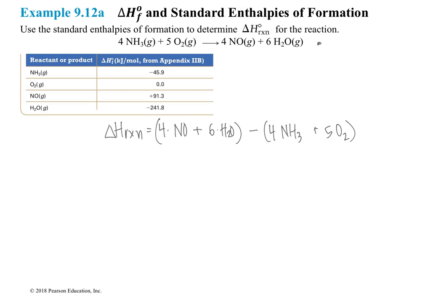I'm not going to write enthalpy just because it makes it a little more straightforward to see what we're doing here. So I'm going to plug in those values. Nitrogen monoxide is 91.3, so I'll do 4 times 91.3 kilojoules, plus 6 times water.